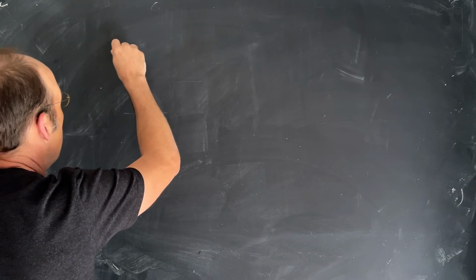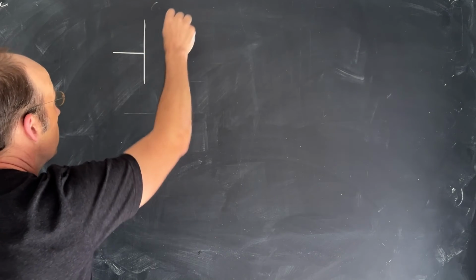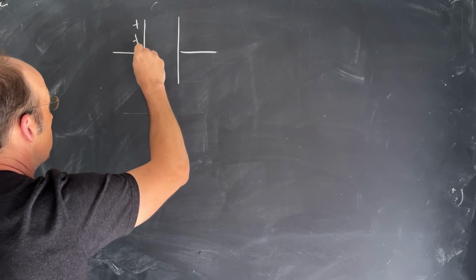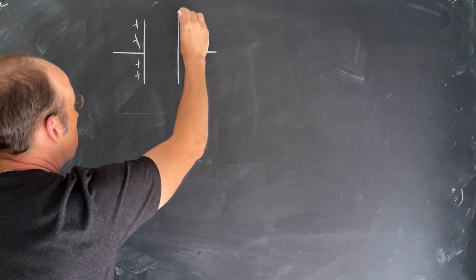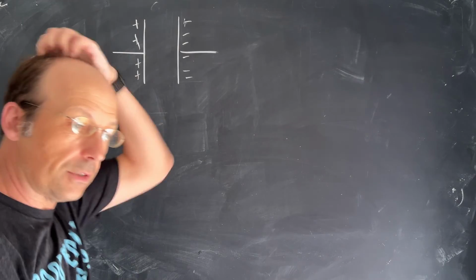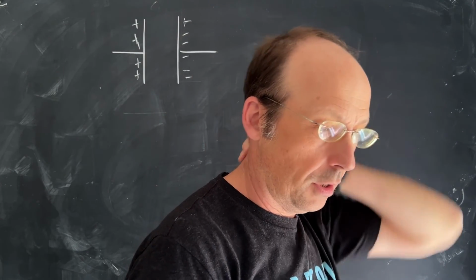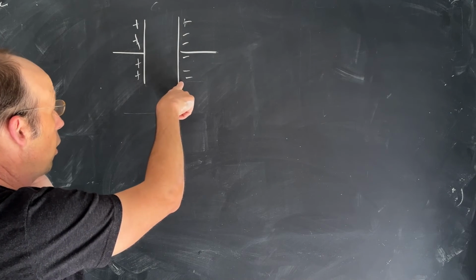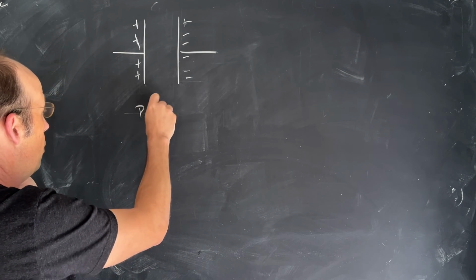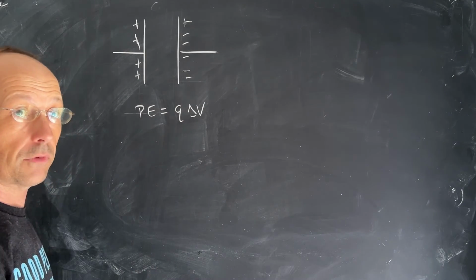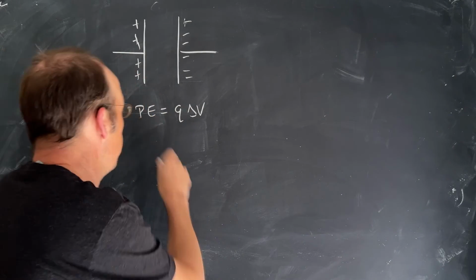Well, let's imagine that we have a parallel plate capacitor. I can't remember the derivation I did before. I want to find the change in potential going across here. The change in potential energy is Q times delta V. We defined that as a change in potential energy before.